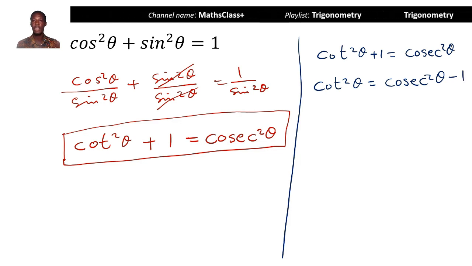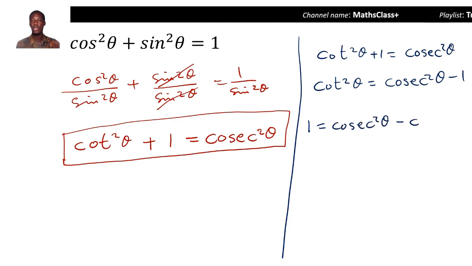We can equally write it as 1 is equal to cosec squared theta minus cot squared theta. So this identity can also appear in these ways. Alright, very good.